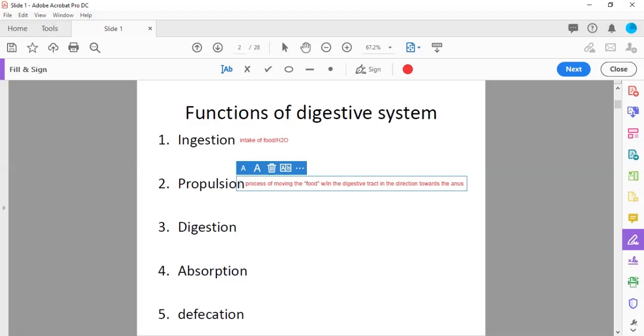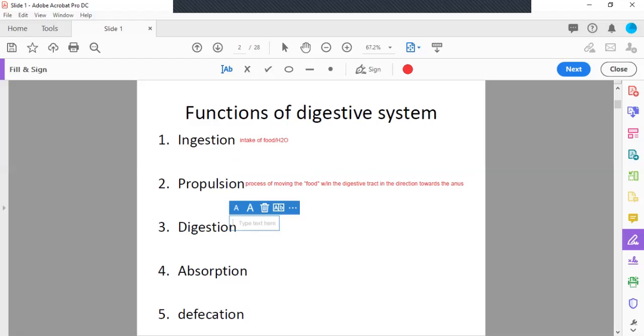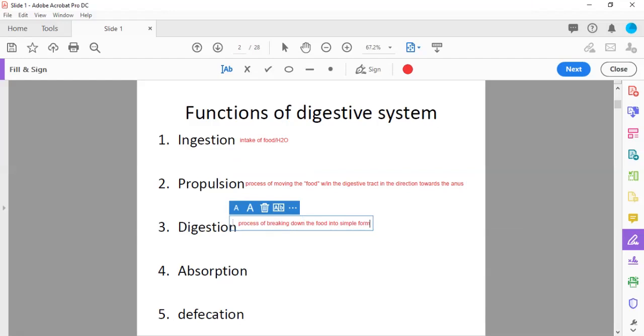Now, digestion is the process of breaking down the food into simple forms to facilitate the absorption process. When I say the process of breaking down, there are different forms of digestion.